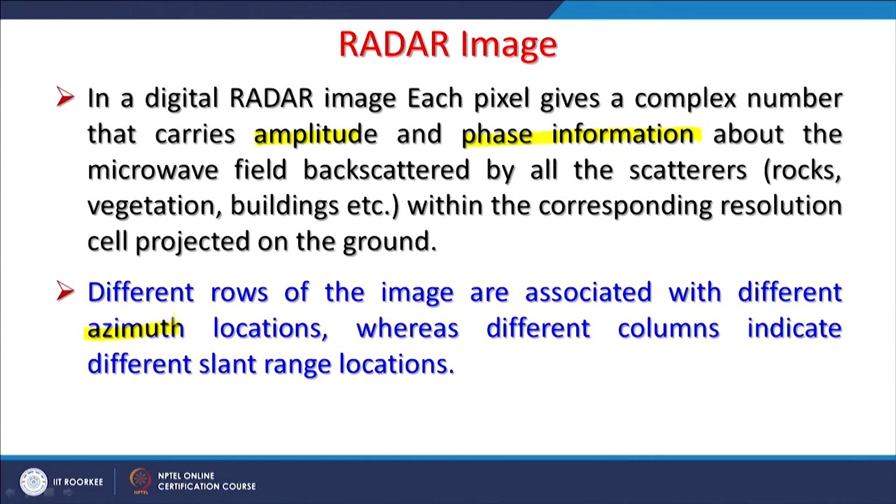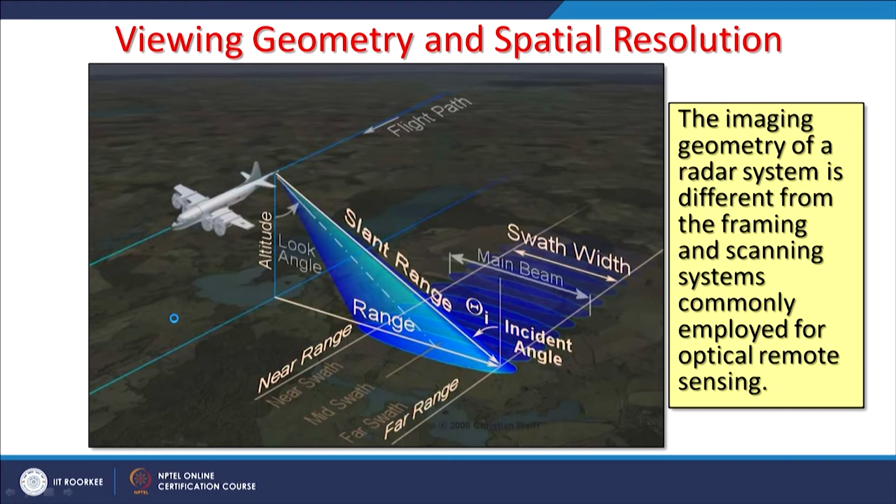Azimuth here is for direction. So, different rows of the image are associated with different locations, whereas different columns indicate slant range location. That has to be kept in mind while seeing or analyzing active microwave data.